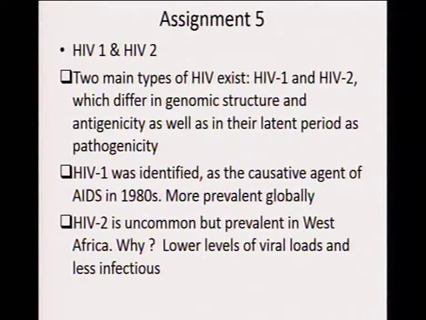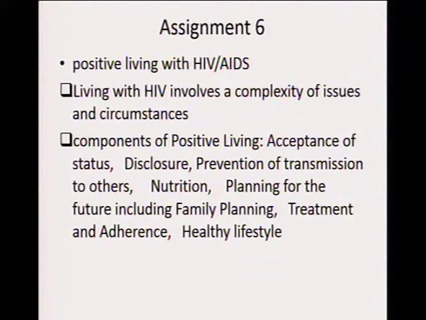When you look at HIV-2 in West Africa, the levels of viral load are quite low, and it's less infectious than HIV-1, which is in sub-Saharan Africa. So you have to discuss it in your assignment. You have to discuss the detail, give some factual information, and differentiate with practical examples.